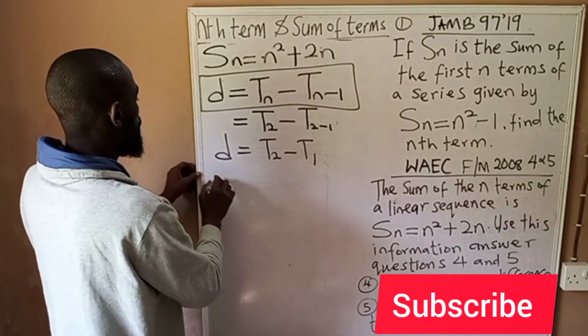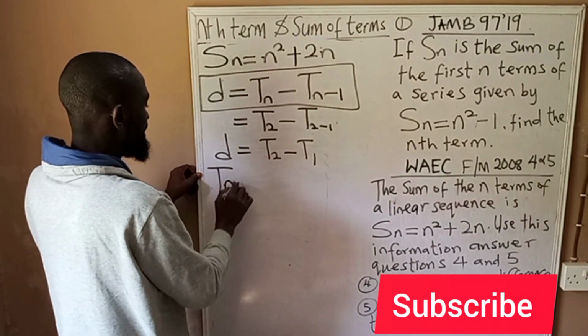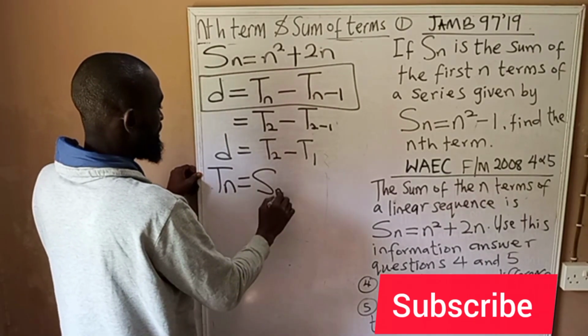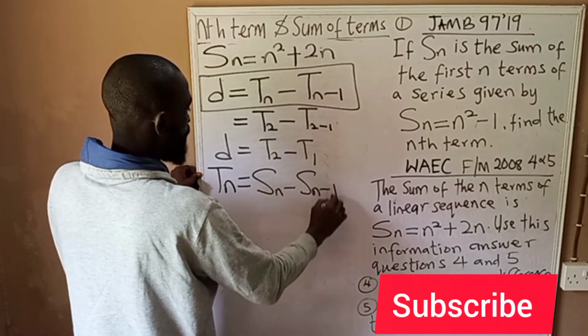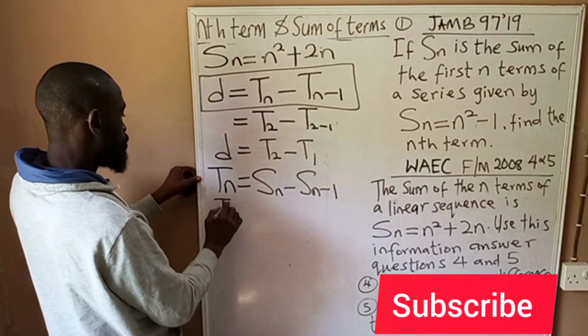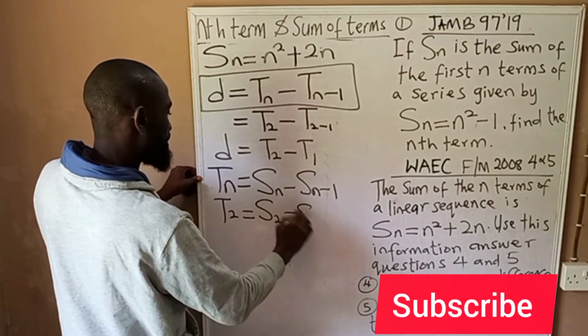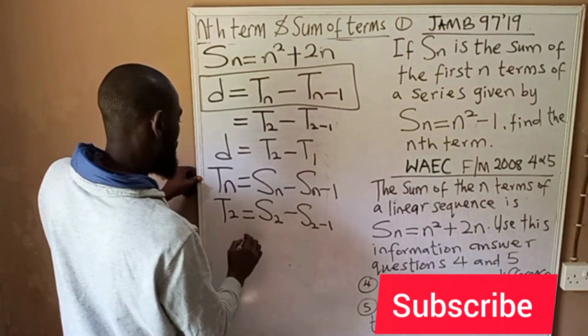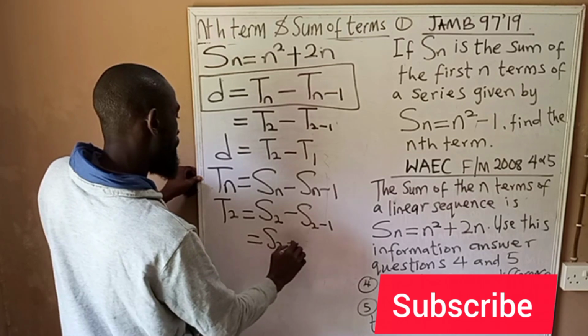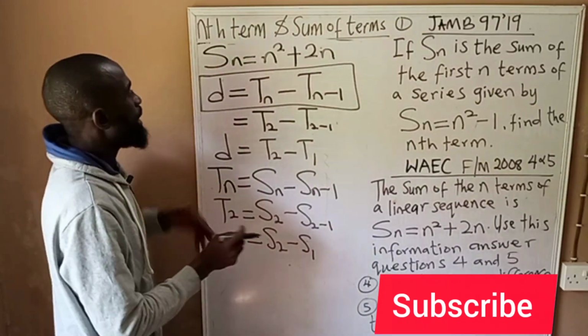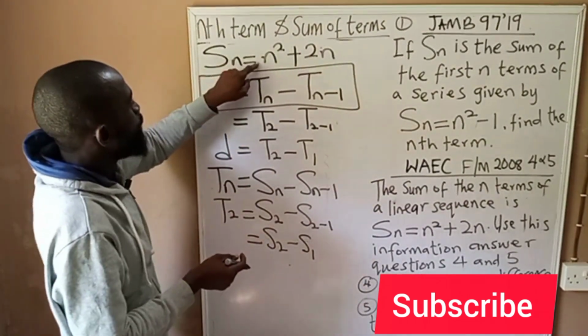So what's our T2? We still remember that our Tn is equal to Sn minus Sn minus 1. So T2 will give us S2 minus S2 minus 1, which will be S2 minus S1. We are given our Sn as n squared plus 2n.